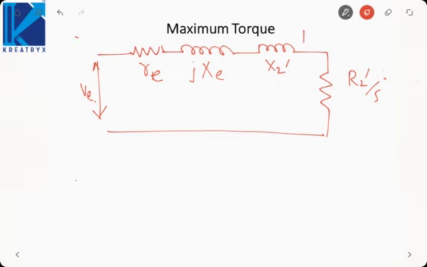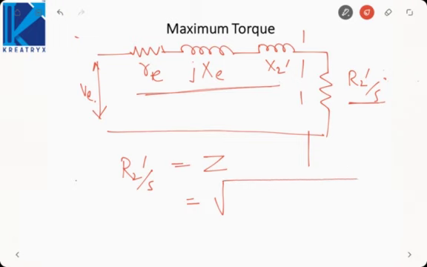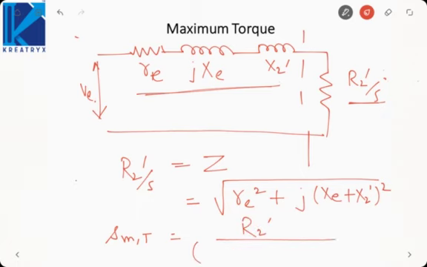For maximum power transfer across R2 dash by S, this R2 dash by S must be equal to Z. Z is the impedance of this branch, which is equal to under root Re square plus (Xe plus X2 dash) square. So from here SMT will be R2 dash by under root Re square plus (Xe plus X2 dash) square.